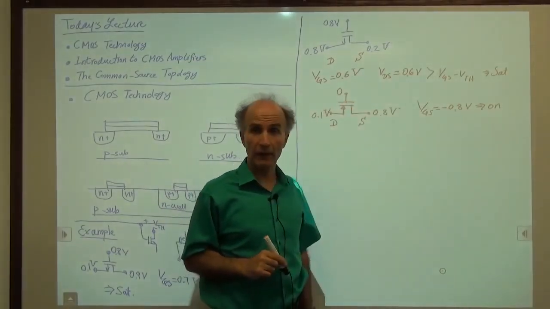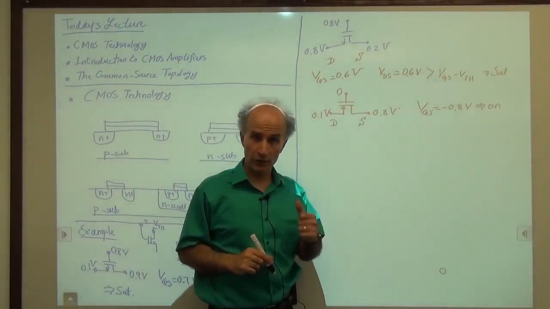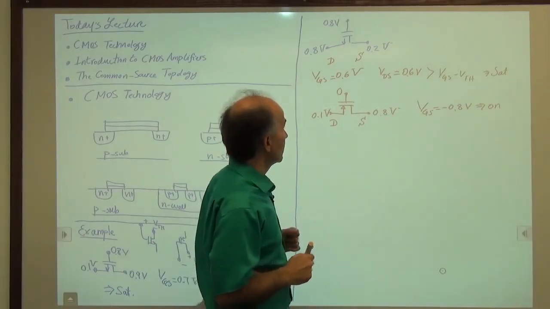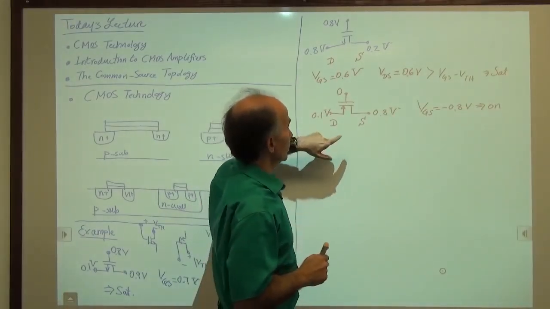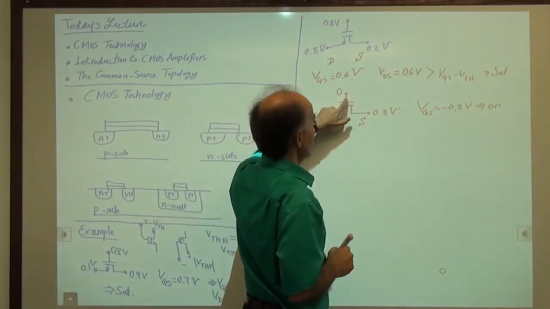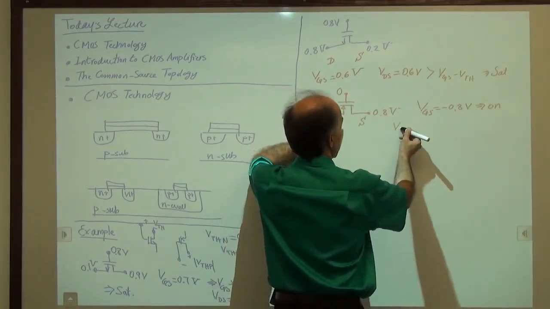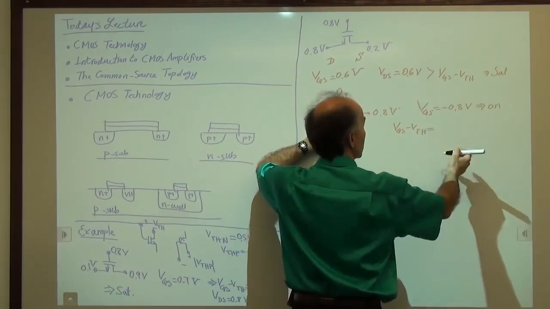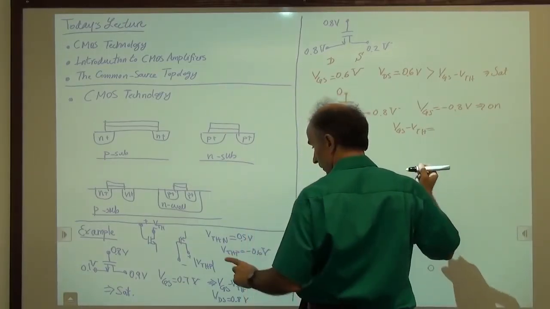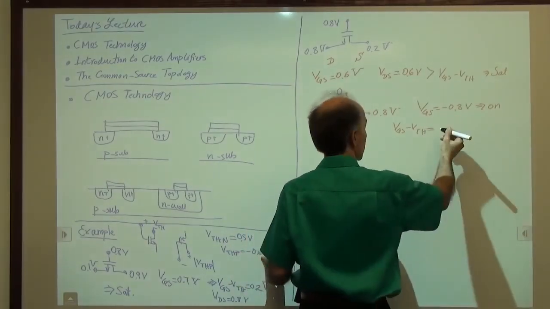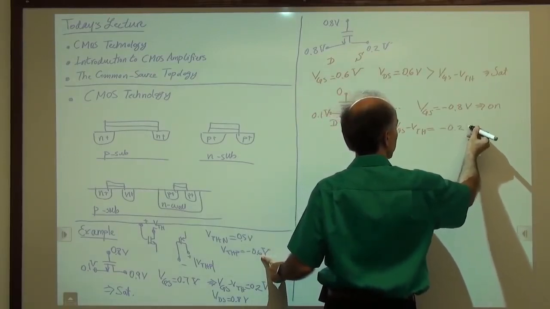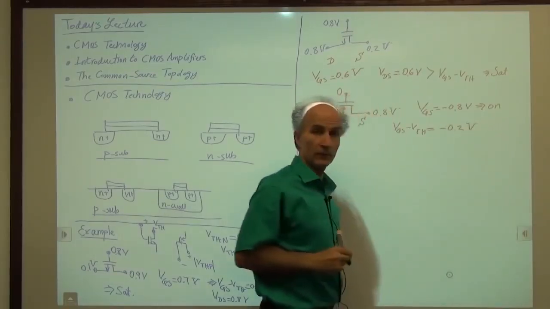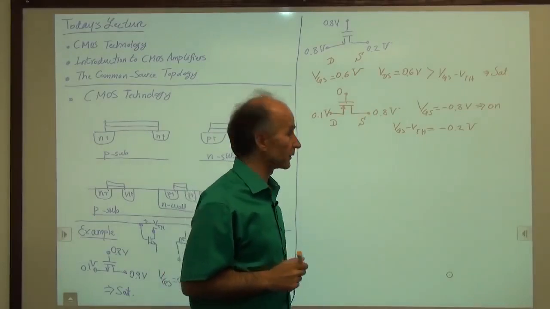And now we have to decide if we are in saturation or the triode region. Okay, so we find the overdrive voltage, VGS minus VTH. So we have minus 0.8 plus 0.6, so that's minus 0.2 volts. All right, that's the overdrive voltage.